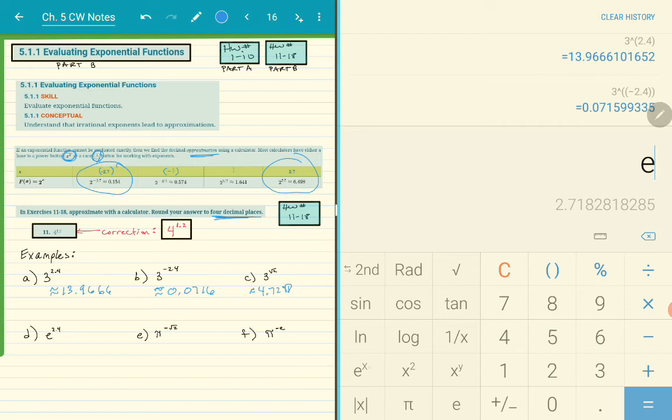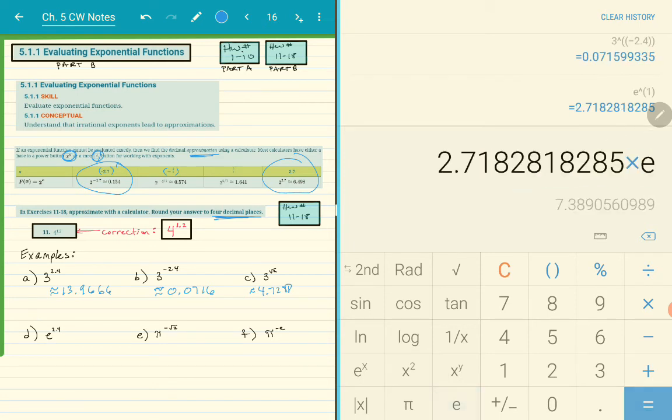You'll also notice this e to the power of x on your calculator because e is often used with an exponent. Some calculators don't have e by itself, so you do e to the power of 1 and you get that estimate of e, the same estimate that we got when we just typed in that e.